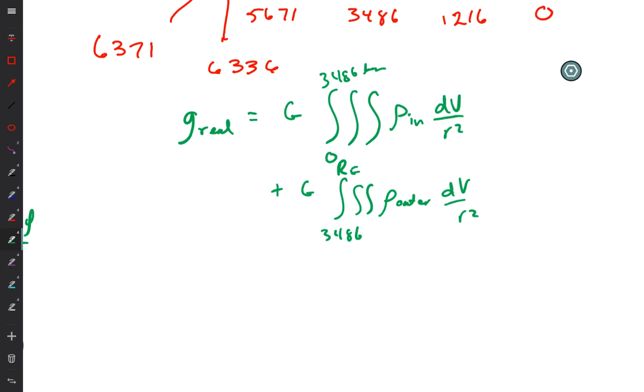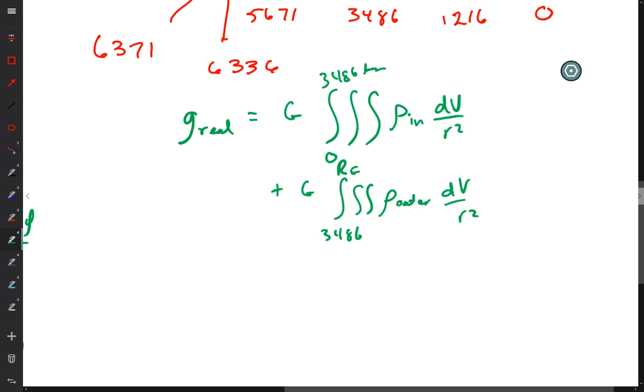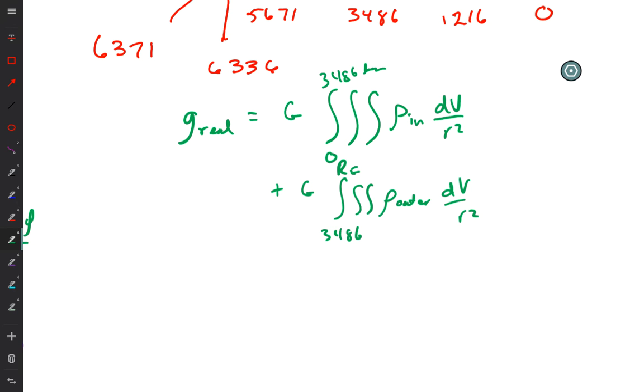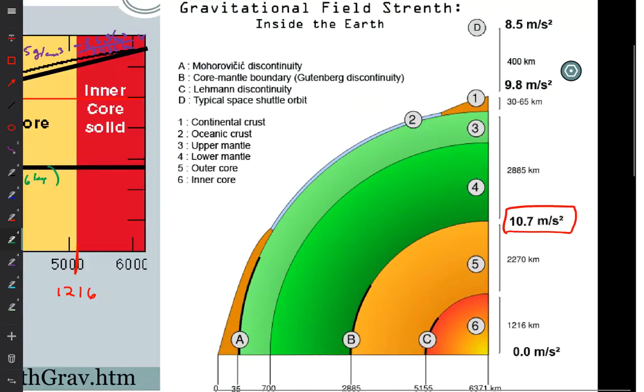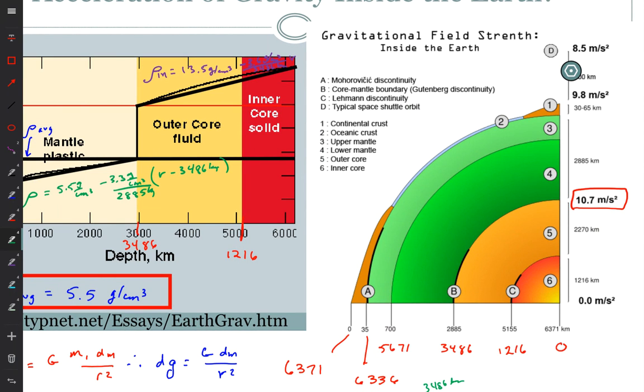If I am further out than 3,486, then I do the top one to its completion, and the bottom one out to whatever radius I am. If I'm closer than the 3,486, then it's only the inner one that I do, out to its radius. So that's how we could find a better measurement and come closer to the actual numbers for the acceleration of gravity as you go through the Earth.